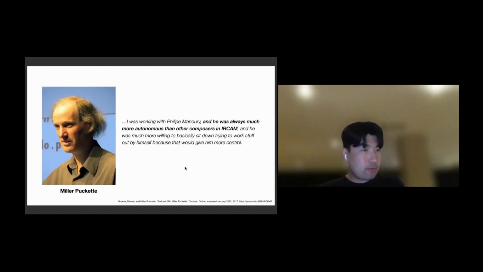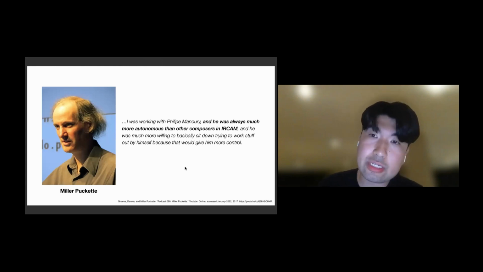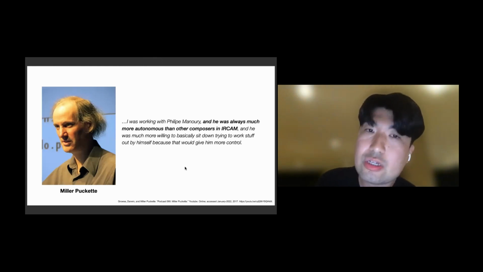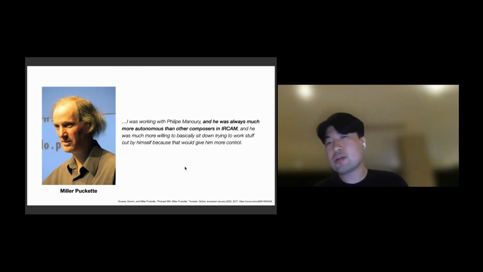First of all, to talk about the interaction between Philippe Manoury and Miller Puckette, Puckette actually said that Manoury was a unique composer at IRCAM, more autonomous than the composers he had worked with before, and he was willing to have control over the system that he was building.